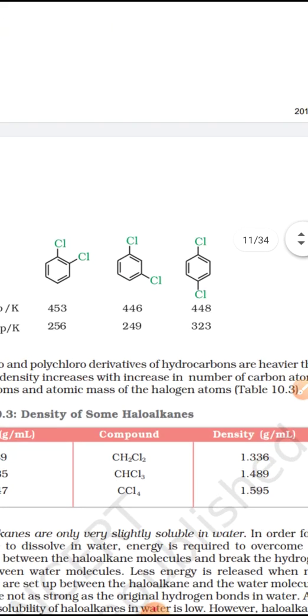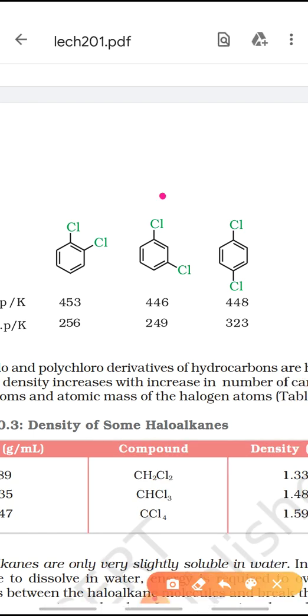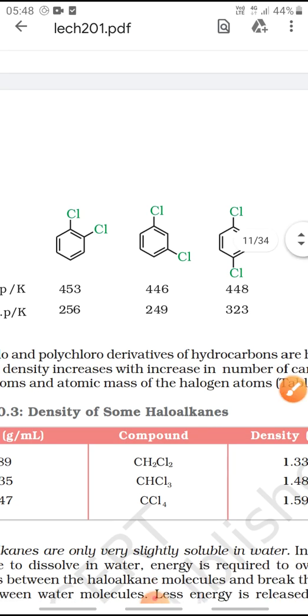We see 1,2-dichlorobenzene, which is ortho-dichlorobenzene, 1,3-dichlorobenzene, which is metadichlorobenzene, and 1,4-dichlorobenzene, which is paradichlorobenzene. Here, the para isomer in general will have a higher boiling point because it fits easily into the crystal lattice. This is not the only example. Do not see the values.